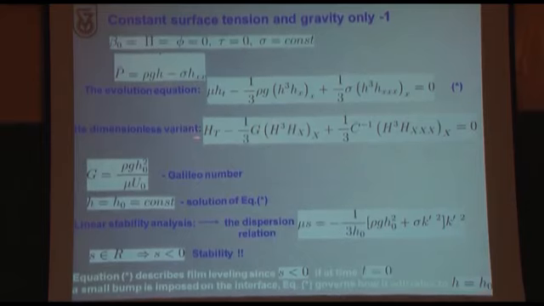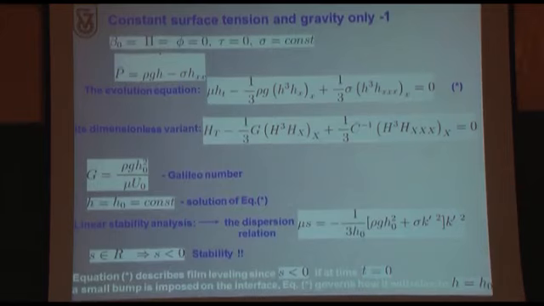Let's look first at this dimensionless version of the equation. G is called the Galileo number, and it is defined here. The capital G, the Galileo number, is just the ratio between the gravity effects and the dynamical effects, which are shown here.